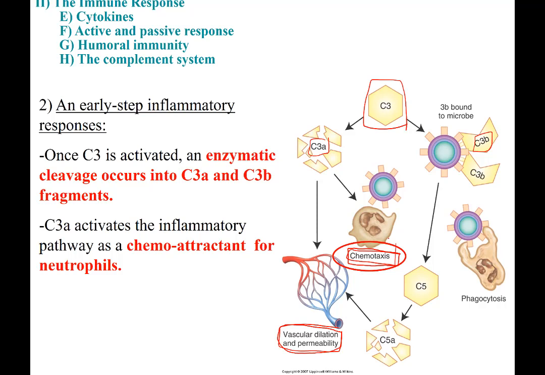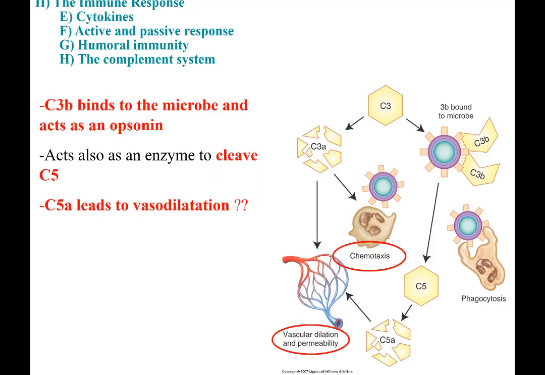It's this tracking system that neutrophils, macrophages, T cells, a lot of cells are going to use to track bacteria and viruses and to catch them. It's an important concept. So C3a will help chemotaxis, and we have vasodilatation.